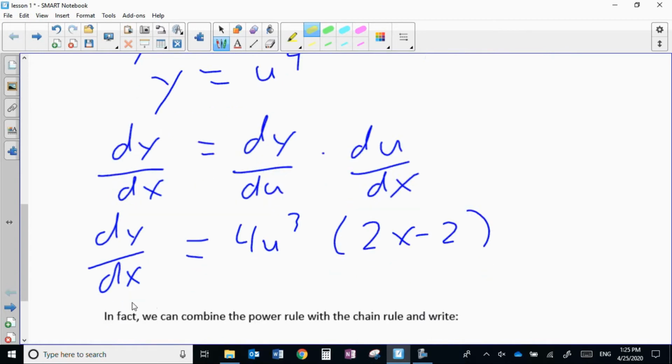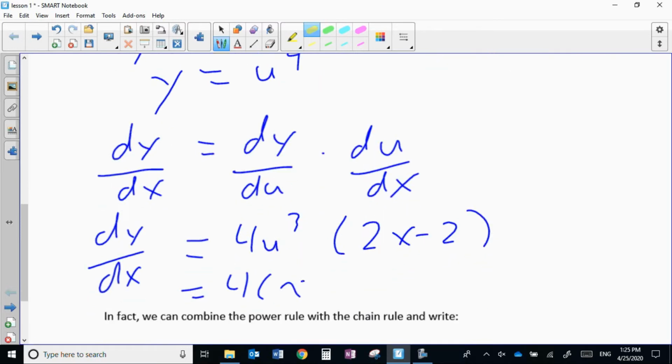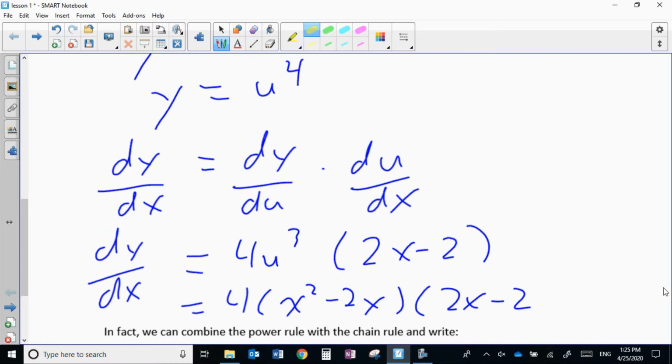Of course, we're going to replace u with x squared minus 2x. That's the derivative: 4 times x squared minus 2x cubed, times 2x minus 2. Now, of course, when we want to take the derivative in an example, you wouldn't do it this way.